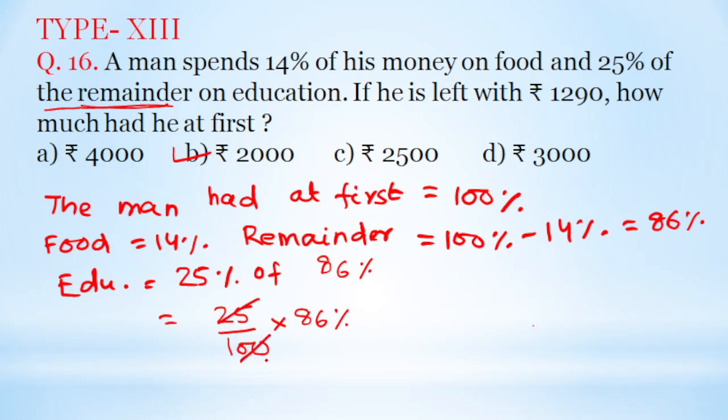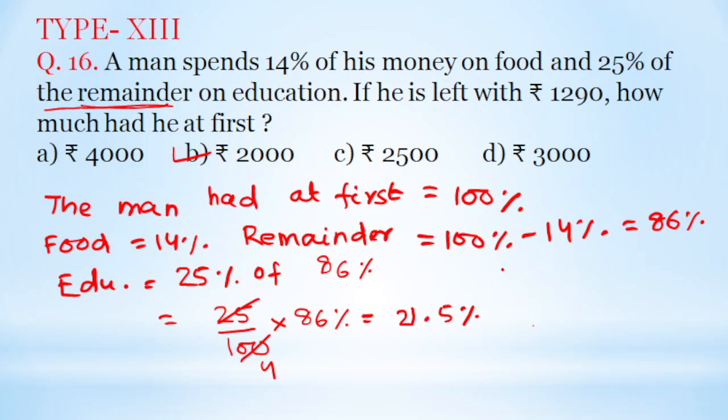Here 25 fours are 100, and when this 4 is cancelled, it becomes 21.5%. That means when 86% is divided by 4, it becomes 21.5%.